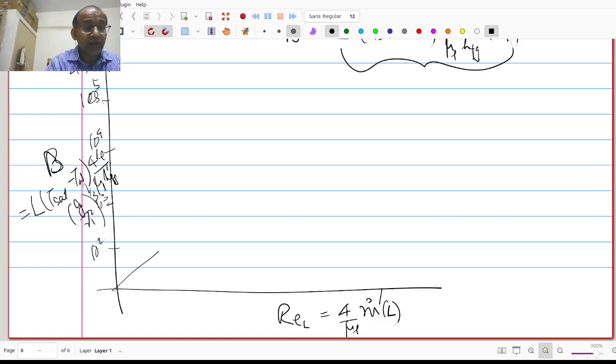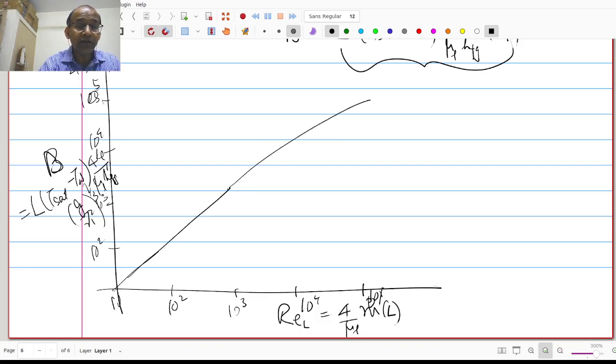And on the x-axis you have 10 here, 10 to the power of 2 here, 10 to the power of 3 here, 10 to the power of 4 here, 10 to the power of 5 here. And the line goes nearly straight up to 10 to the power of 3, and after that, for different values of Prandtl number you have different lines. This is Prandtl number equal to 1, and as you go, Prandtl number 10.